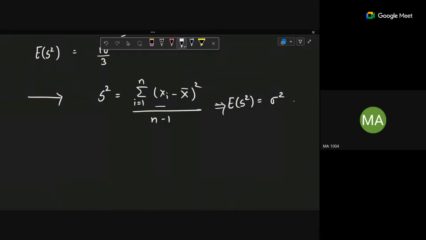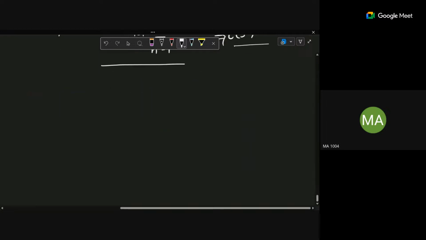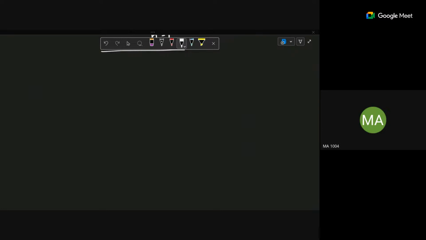If they are satisfied, then you can use the direct results. Why? Because this is the unbiased estimator of the variance, which we will learn in maximum likelihood sessions when we calculate the estimations for the parameters.